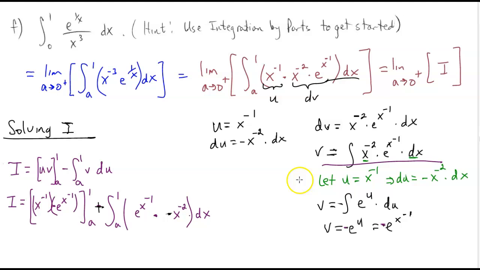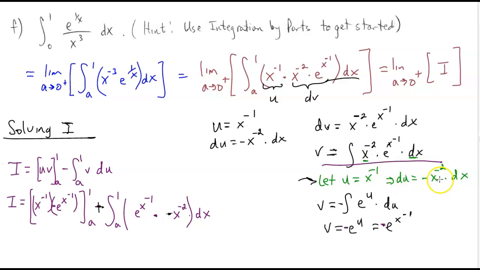And from what we saw here, we know that this minus x raised to the negative 2 dx could just be replaced with du, and this e raised to the x raised to the negative 1 could just be e to the u. Okay, and of course the result here, if I do all that, is just going to be e raised to the u, and that's because we already have the negative part kind of wrapped up into all of this.